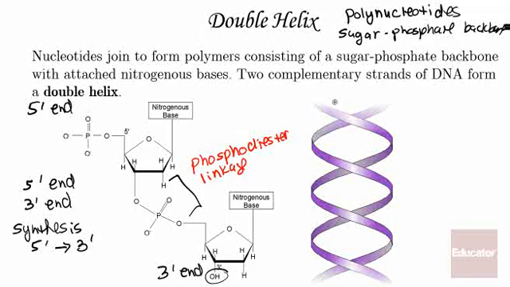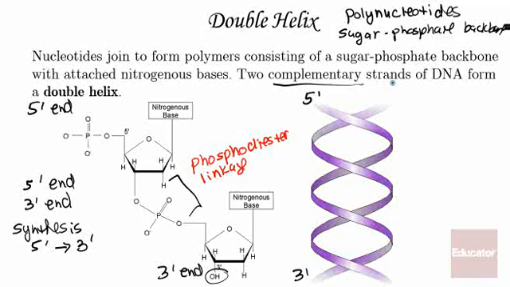DNA is found in a double helix structure. This double helix structure is formed by two complementary strands. These strands are also anti-parallel. So what do we mean by anti-parallel? Well, it has to do with that directionality. Let's say that this is the 5' end of one of these pieces of DNA, and we follow this down, and it's going to end here at the 3' end.